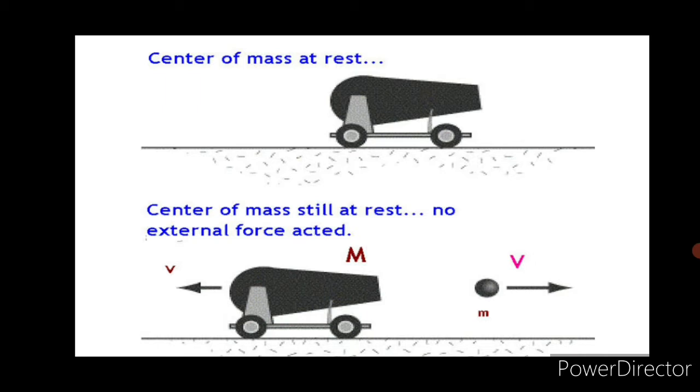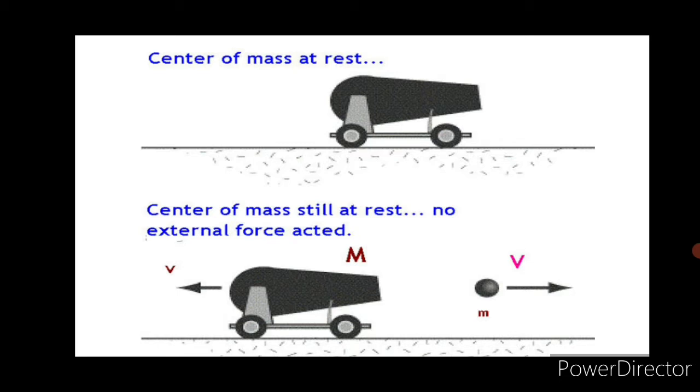And now as the shell is projected out, the shell is moving out of the system. As the shell moves with some momentum, the cannon is also pushed back, automatically, because of the momentum the shell gained. With the same momentum, the cannon is pushed back.